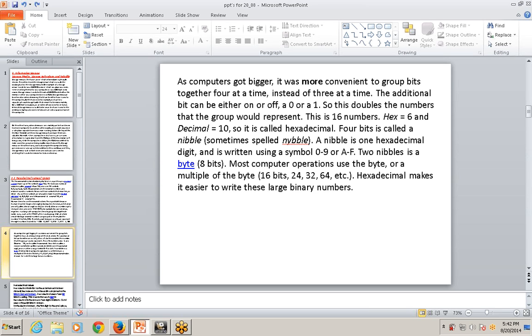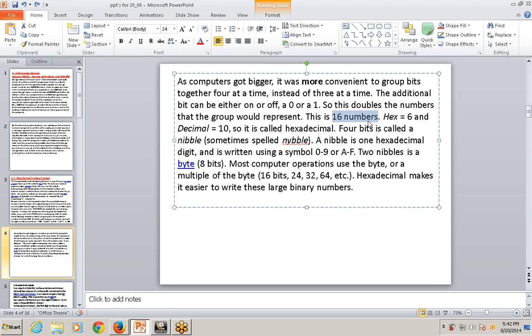The additional bit can be either on or off, that is 0 or 1, so this doubles the number of values the group can represent. This gives 16 values. So this is the hexadecimal number system, where hex equals 16 and decimal equals 10.